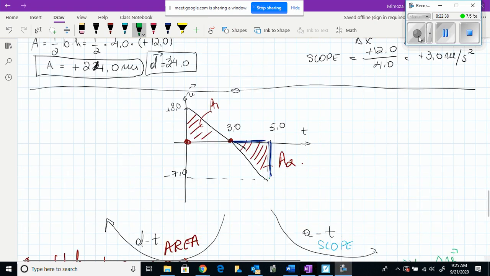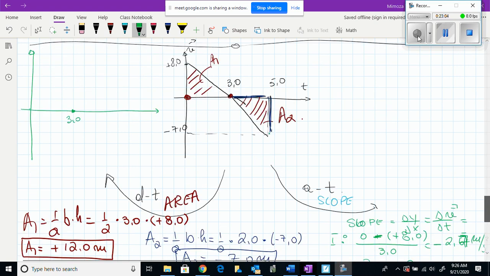So, okay, let's put this information now into the graph. For the first part of the motion, from 0 to 3 seconds, we have a displacement of, please tell me on the chat, is it positive or negative? So it is positive 12. Based on our scale, let's say that positive 12 is somewhere in here.